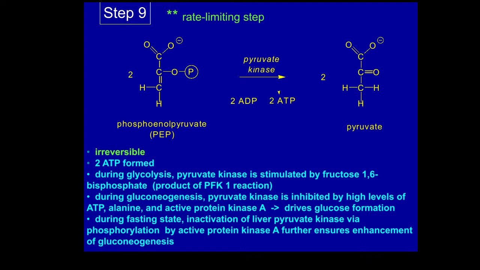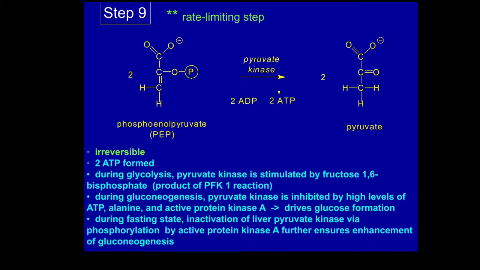So, PEP, the enzyme here, is going to break this bond and shift this double bond to a keto group. And in doing so, by breaking this bond, it generates enough energy to make ATP from ADP and inorganic phosphate.